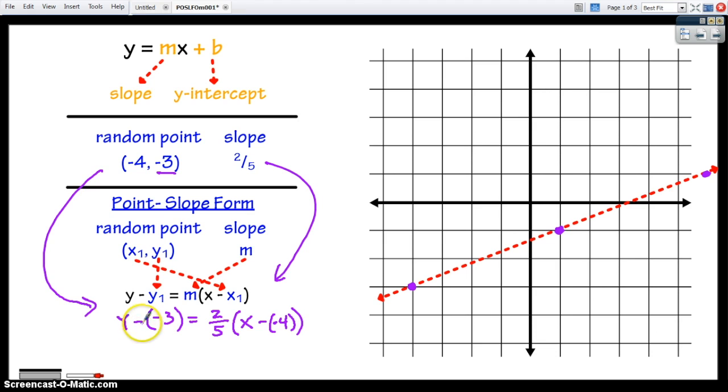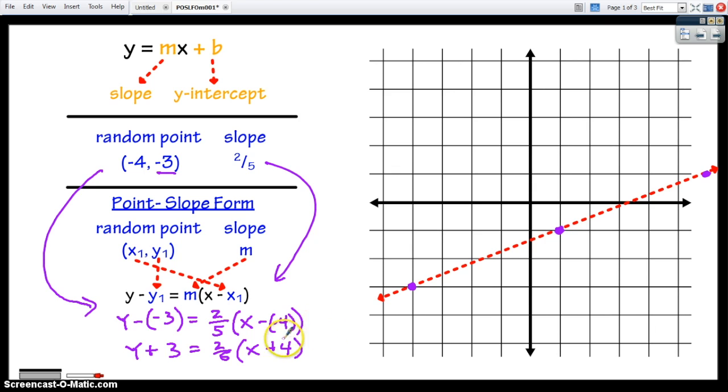And just to clean this up a little bit, minus and negative, we know that's really just plus, so y plus 3 equals 2/5 times parentheses x, and then minus a -4 is really plus 4.